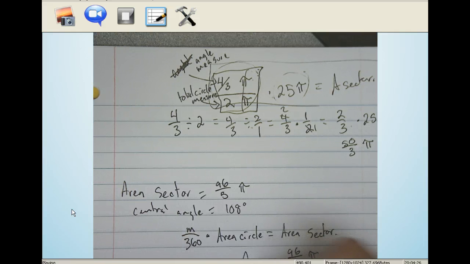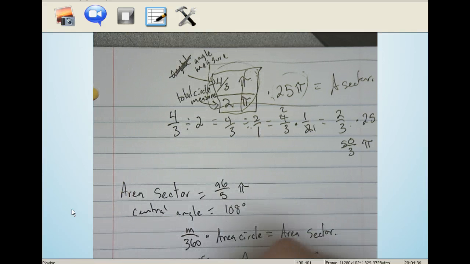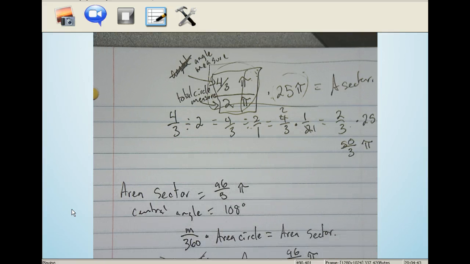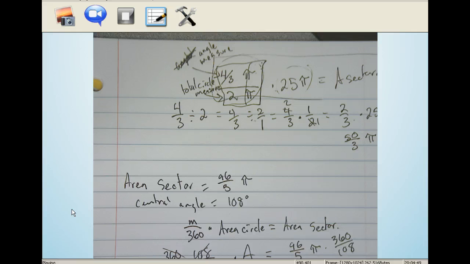I'll call that big A, times the measure they gave me, 108, so 108 over 360. When I solve this, I just invert and multiply by 360 over 108. These cancel, and I multiply this side by 360 over 108. And I could probably reduce that.